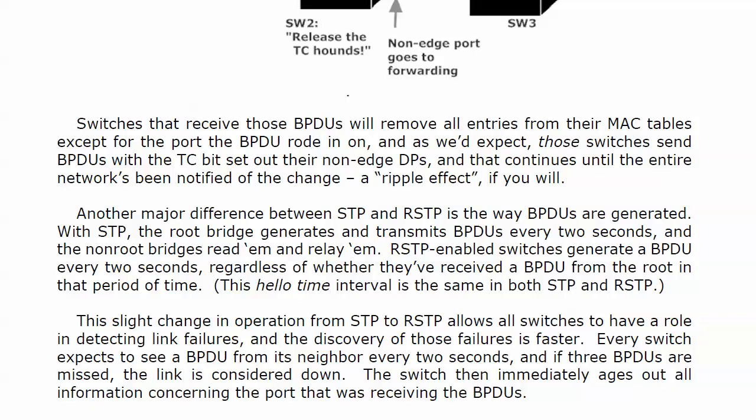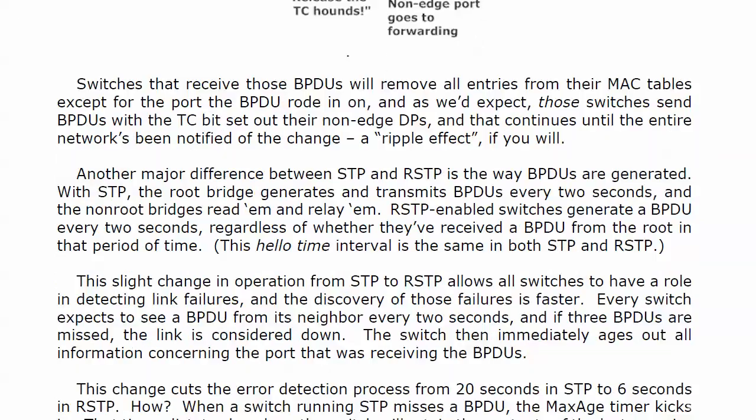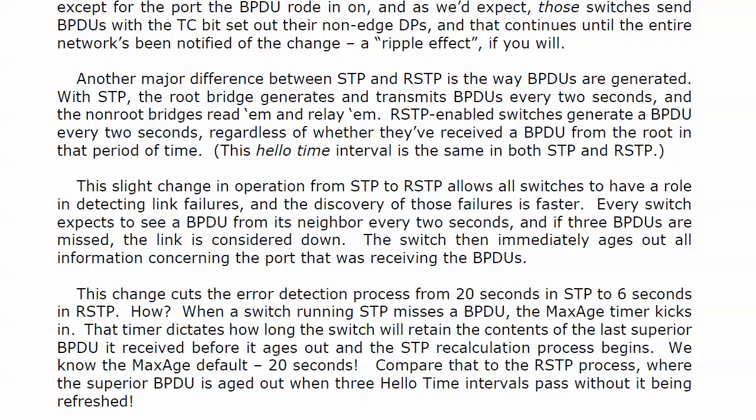And if 3 BPDUs are missed, the link is considered down. That switch then will immediately, keyword immediately, age out all information that concerned the port that was receiving the BPDUs.